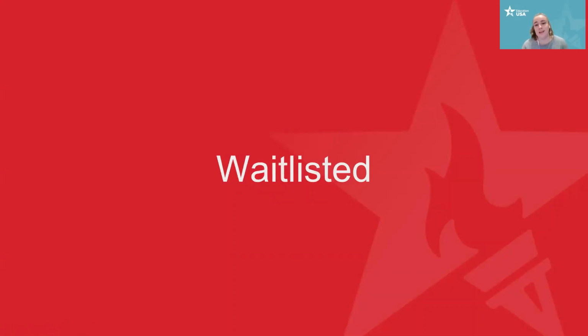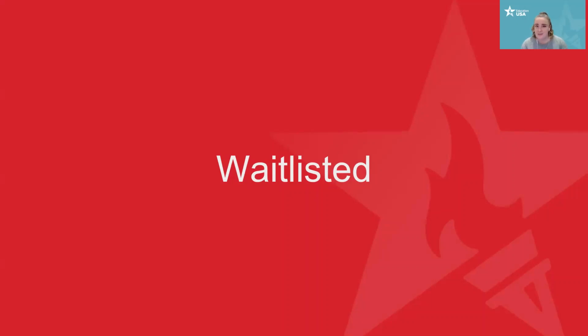And so then the next and final admissions decision that you may hear back from a US institution is that you have been waitlisted. Now, this is less common than some of the ones that we've just discussed, but it is possible. So being put on a waitlist means that you have really strong credentials and the admissions committee really wanted to have you on campus, but there were some slightly more competitive applicants in that particular admissions round that you've applied for.